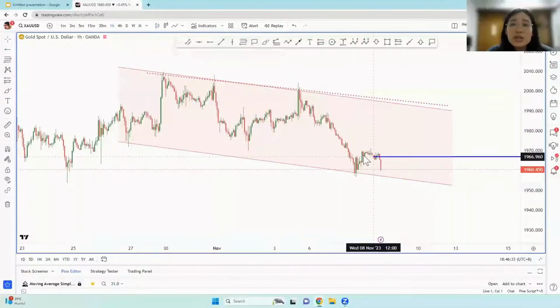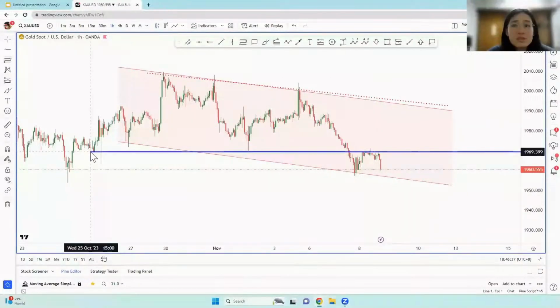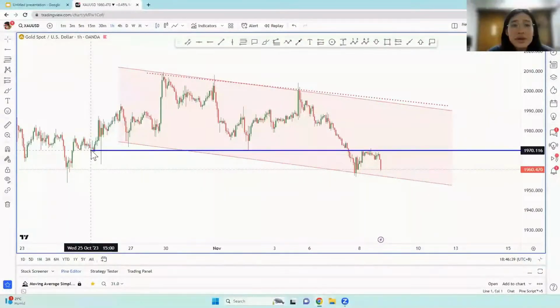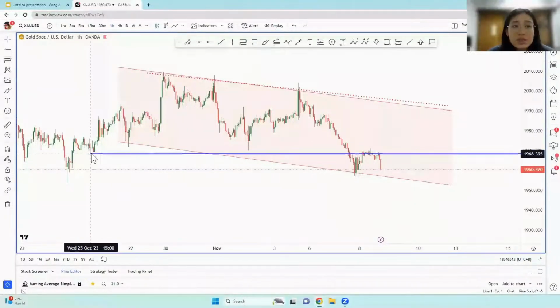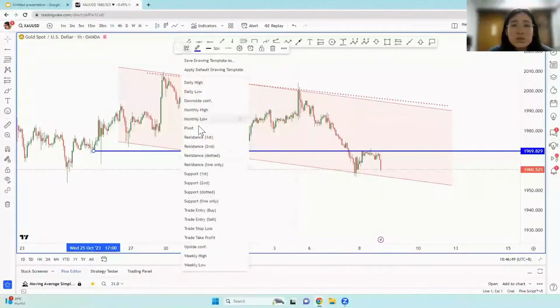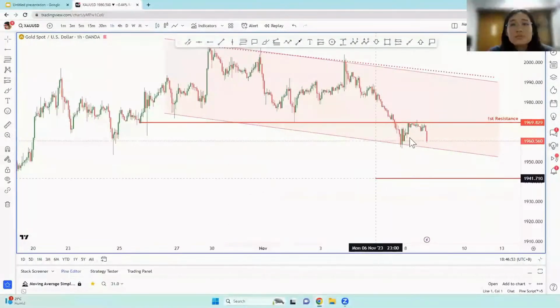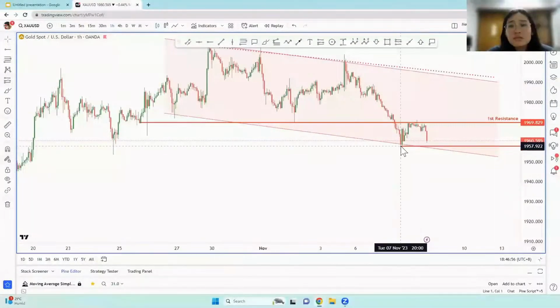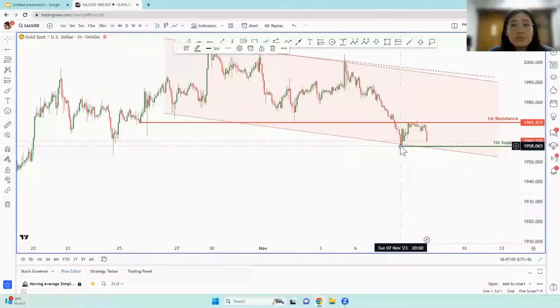And now let's go in with our support and resistance levels. I try and pull it back as far as I can, without cutting too many candlesticks, so that I can see how significant this level is. So here, this is my first resistance. This may be my first support.